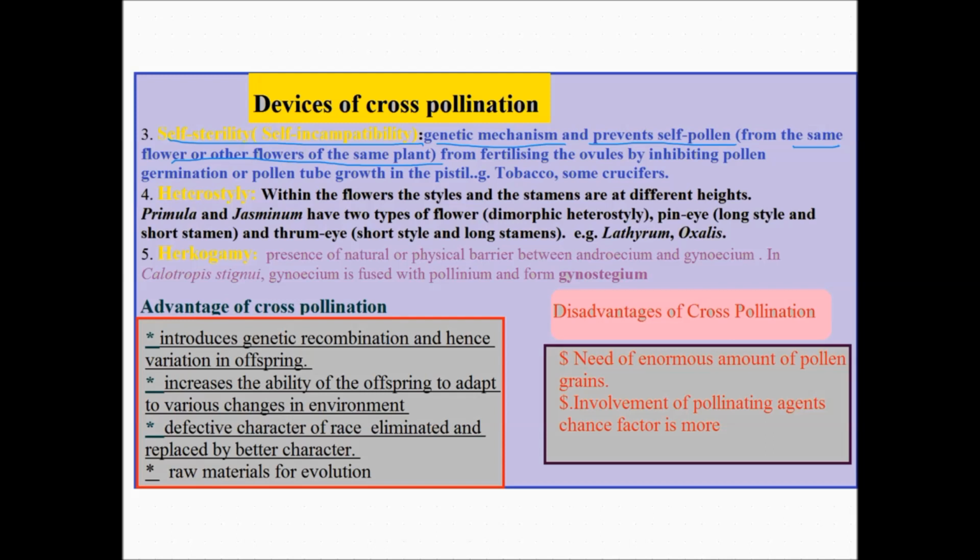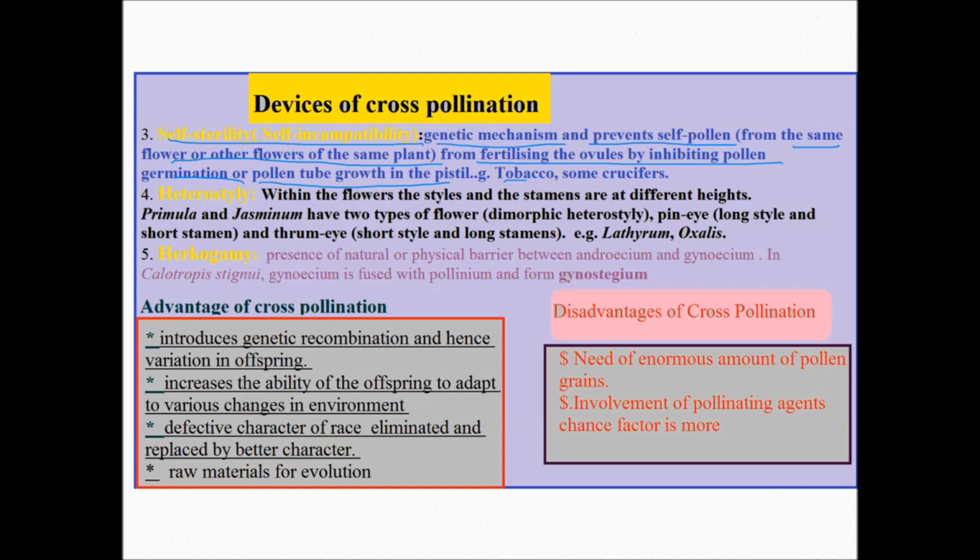So this prevents its own pollen grains from fertilizing the ovule by inhibiting pollen germination or pollen tube growth in the pistil. So if the flowers are self-incompatible, then stigma does not allow pollen grain to grow and to germinate, and pollen tube growth will not take place in the pistil.